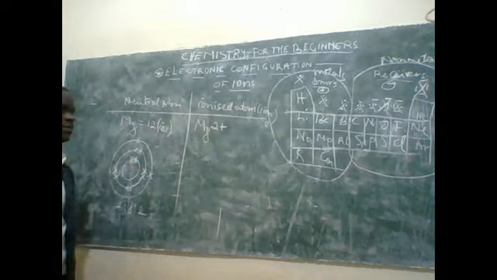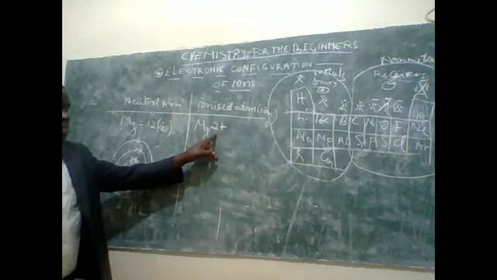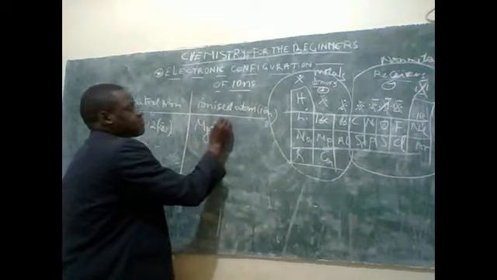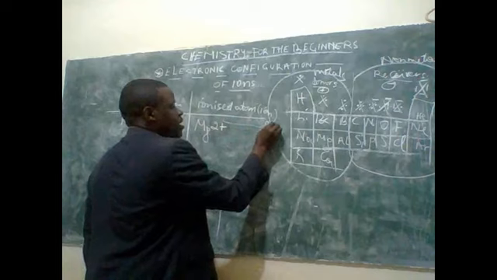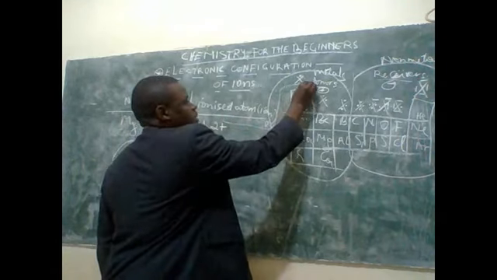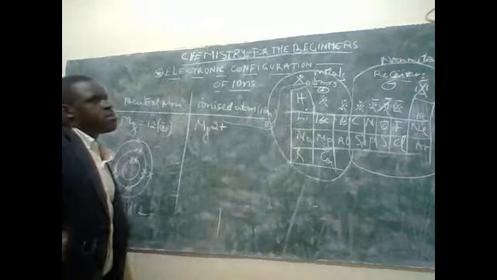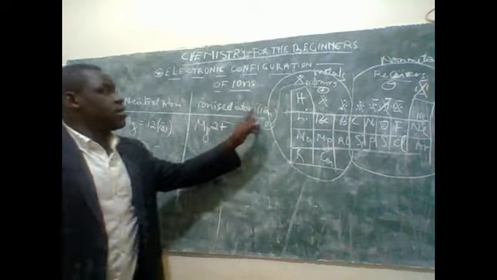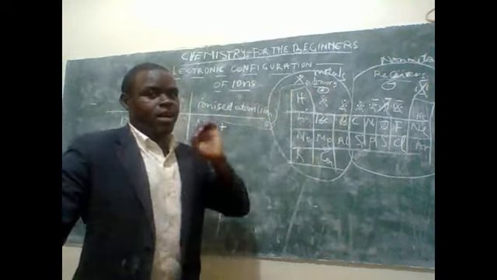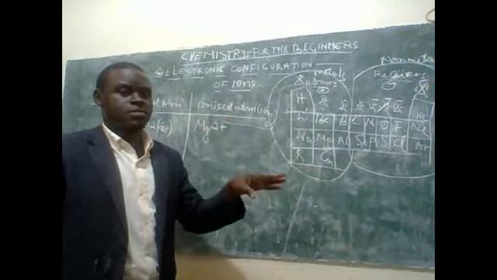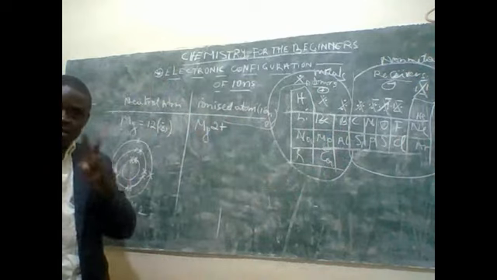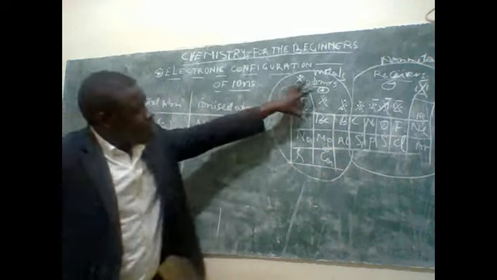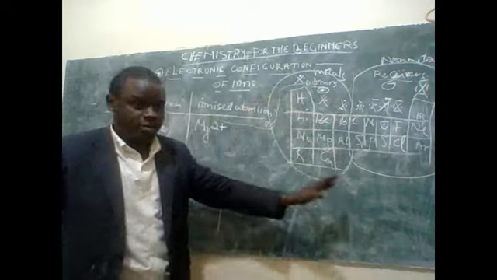So here, take this 2 positive and compare it with the name donor. Two positives means donated, given. Magnesium has lost 2 electrons. Metals are the losers, the donors.